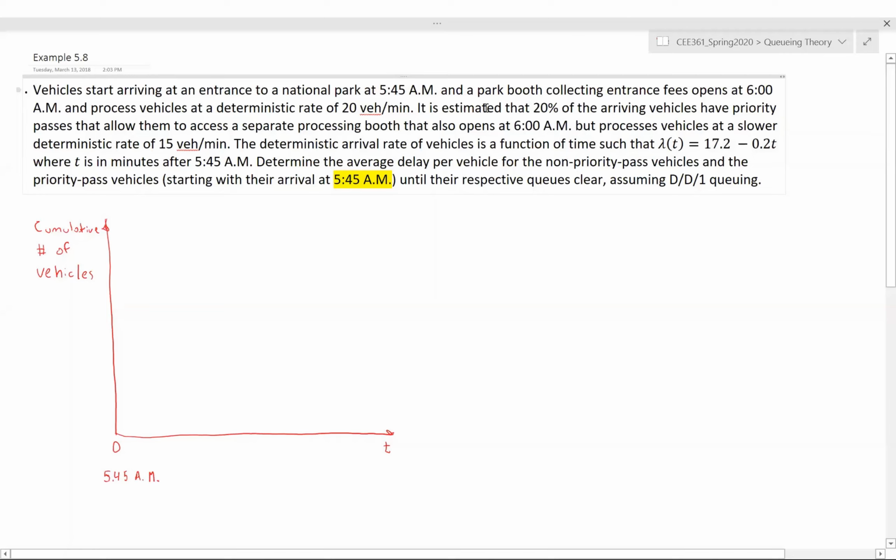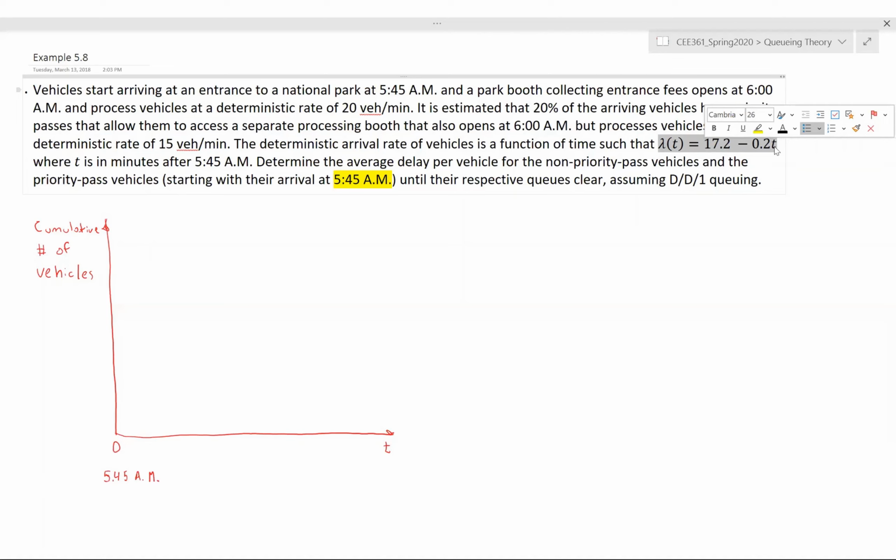It's telling you, I have a certain arrival rate, but then I'm going to split that into two. We have priority passes and non-priority passes. The priority passes are 20% of the total arrivals, and the non-priority passes are the rest, 80%.